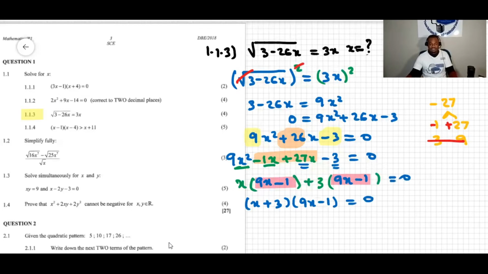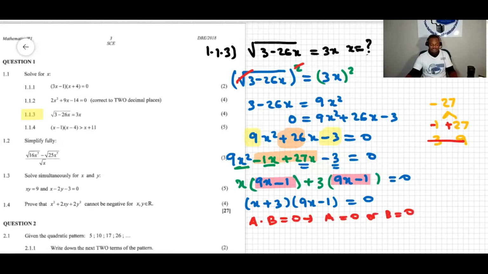Now, remember the multiplication property: we set x plus 3 equal to 0, or 9x minus 1 equal to 0. If you're unsure, just follow the law of multiplication, which says that A times B equal to 0 means that A equal to 0 or B equal to 0.